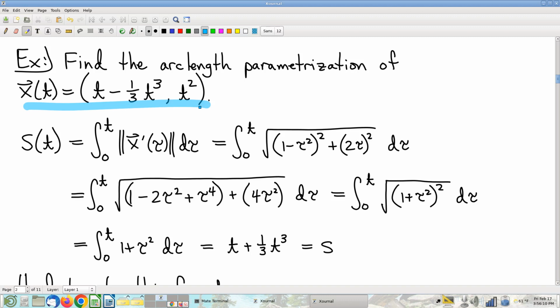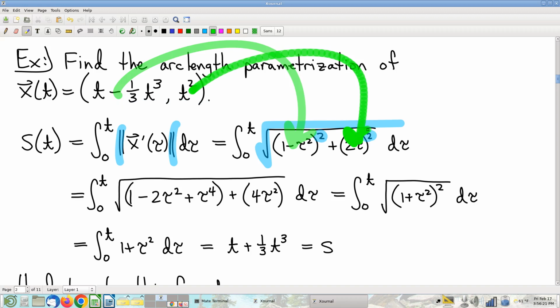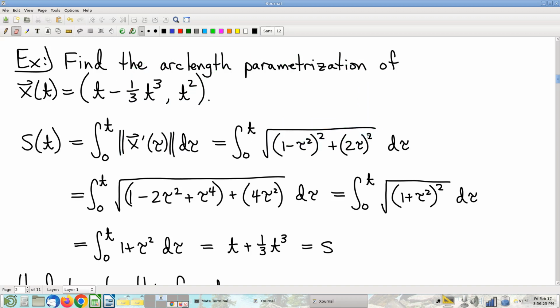So here's my position. Taking the magnitude, don't forget magnitude is the square root of the sum of the squares. You take the derivative to get the velocity, and you multiply this all out. And let's see here. Notice we have a perfect square there. And then notice what this does.